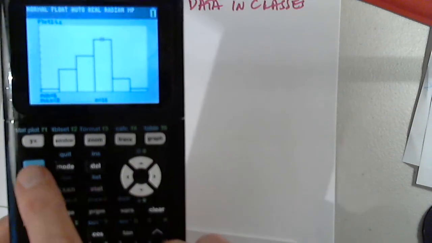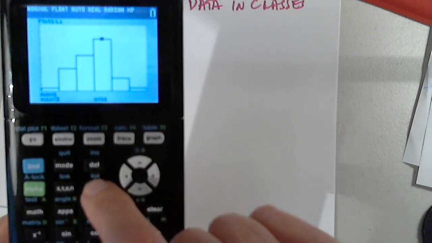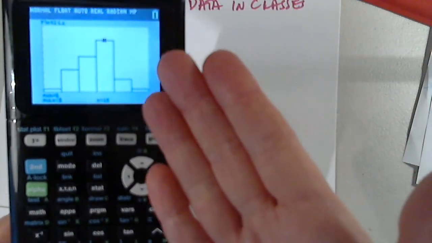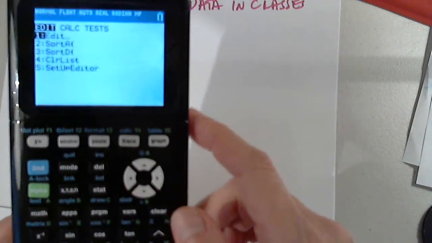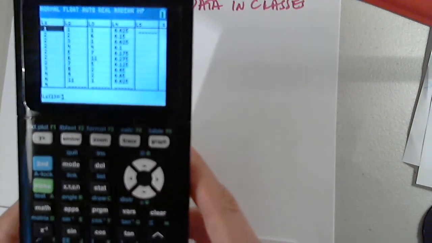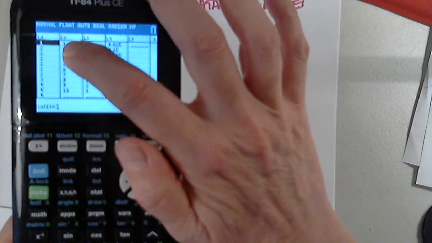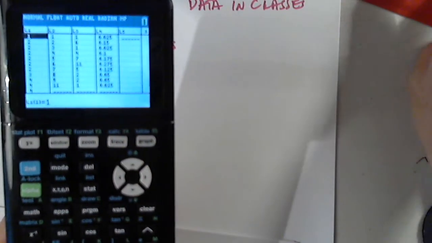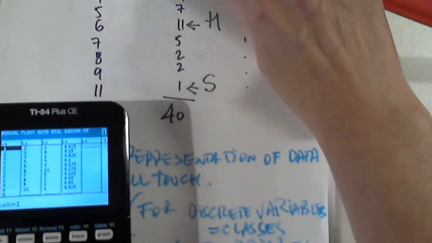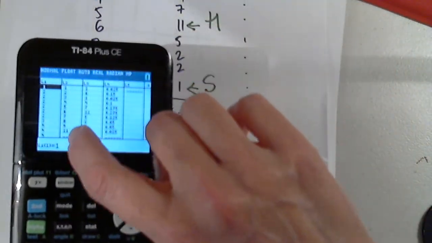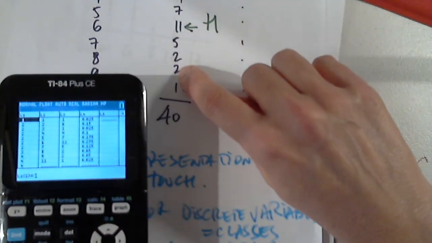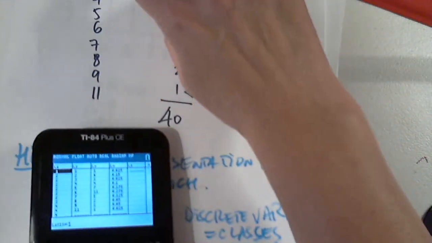How do I create the relative frequency? This was frequency. For the relative frequency, that's why I created this table. What was this column? The frequencies. I entered them by hand for each and every one of them, for 1 through 11.